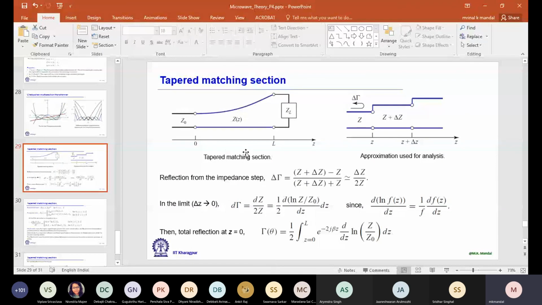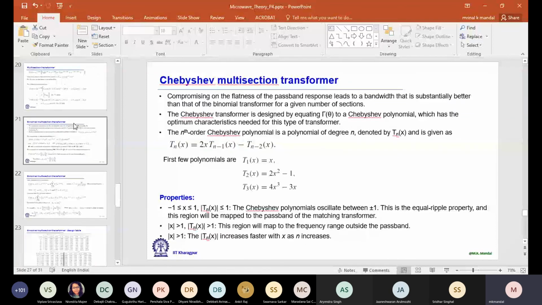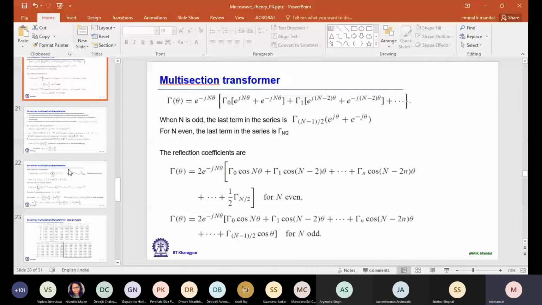Till this point, we considered n number of matching sections, like in binomial. So basically an extension of this problem. Now how to select Z1, Z2 to Zn? For that we are choosing different polynomial values, Chebyshev, binomial and others.